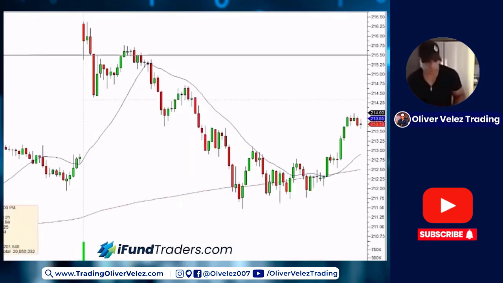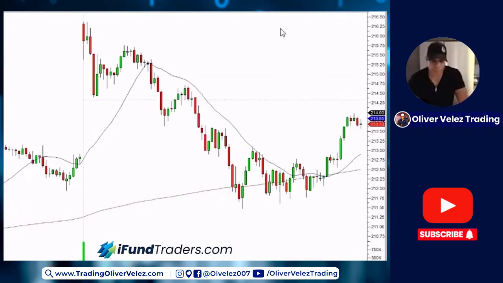Now, look. Remember what I told you about space? That was a different talk that I did on my concept with space, but I just want to bring your attention to that real fast. Look at where Microsoft opens in relationship to the 20 and how the 20 is separated from the 200. So you see those layers of space, right? Dual layers of space, space 1 and space 2.